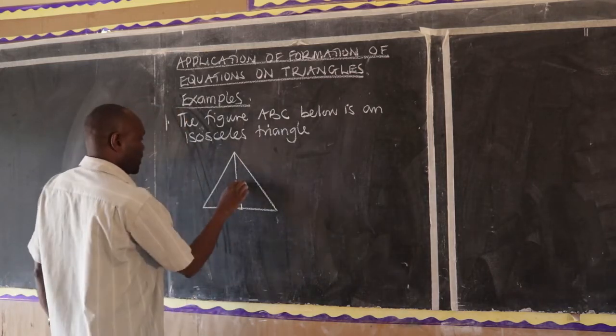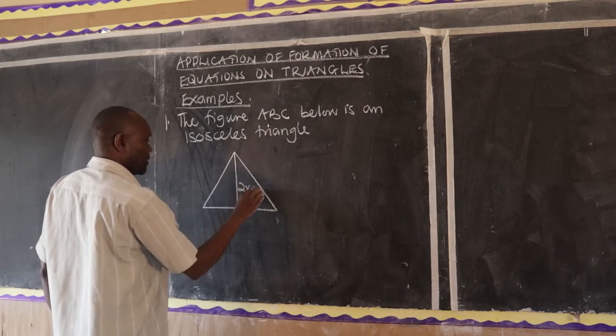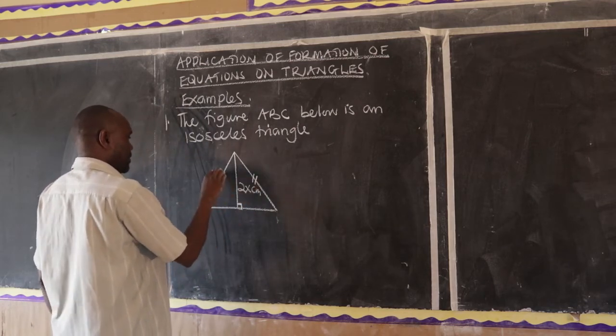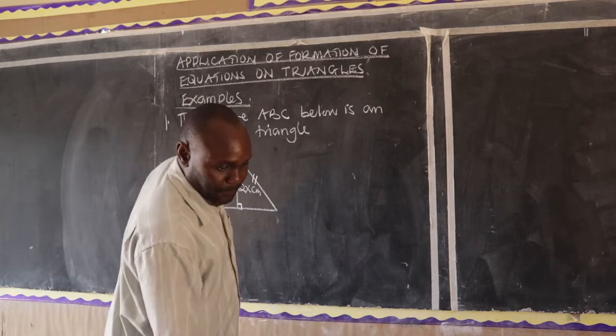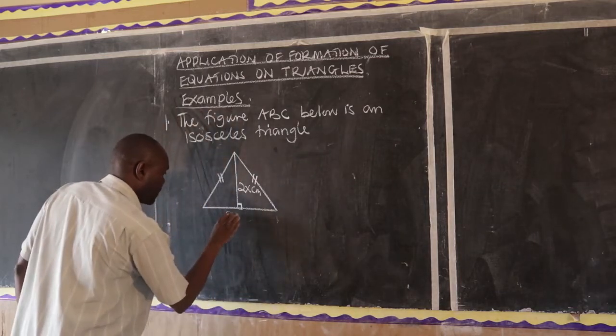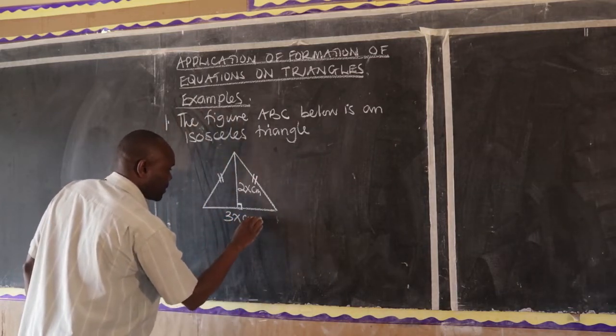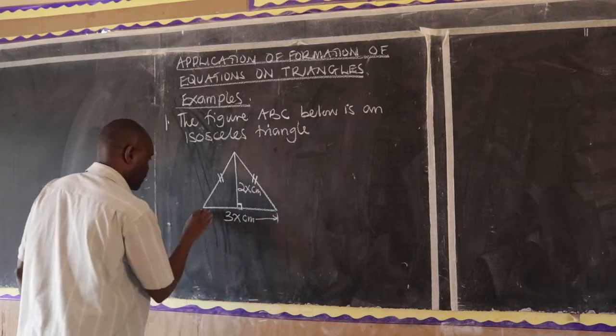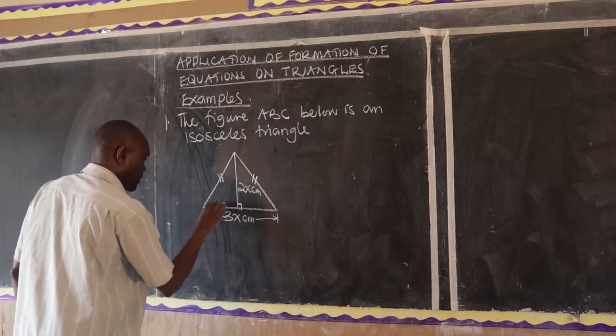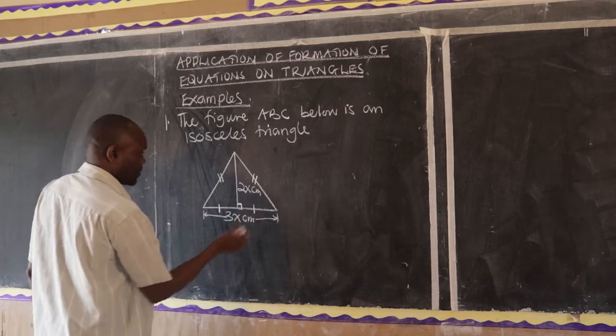And then we have here our 2x centimeters, and here we have 3x centimeters. This side is equal to that.